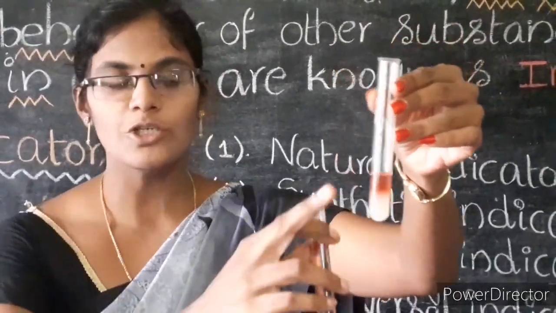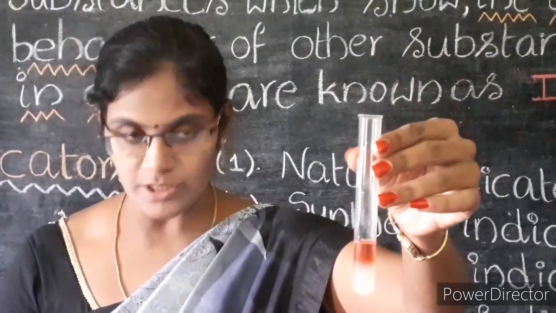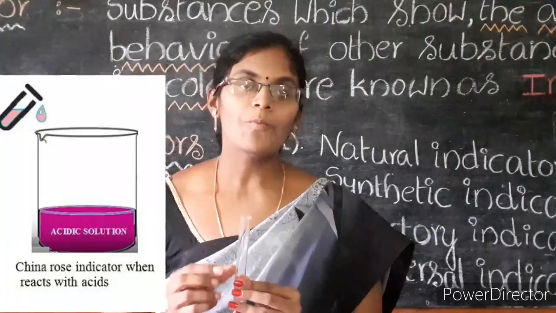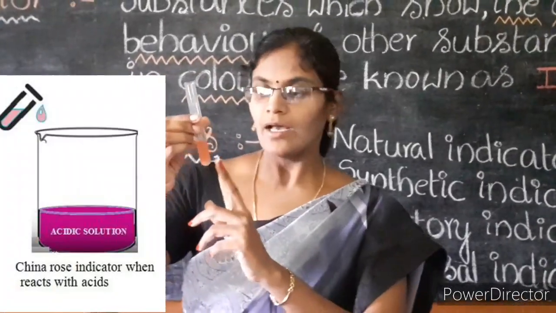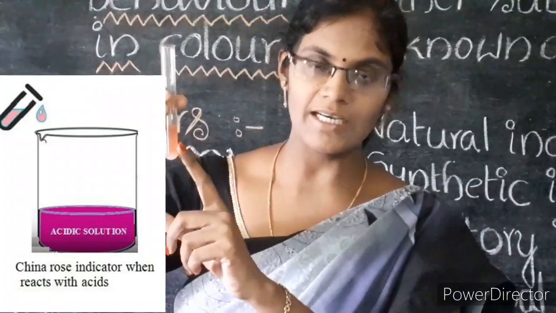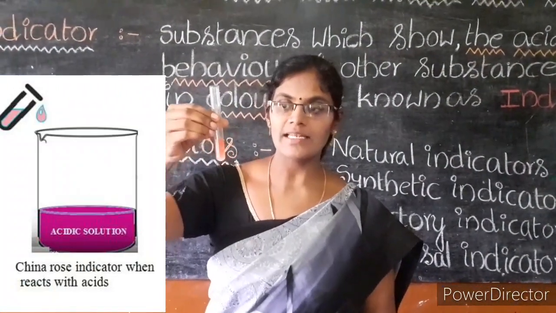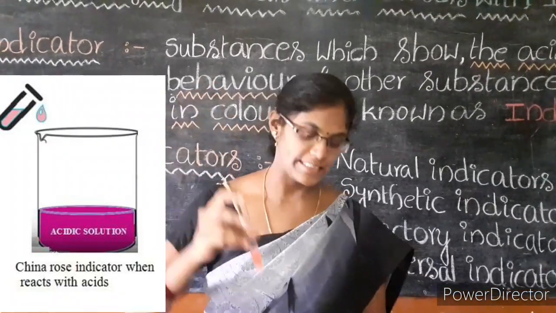Yes, the solution turns into light pinkish color. So by this what did we understand, children? If the solution of the China rose turns into pinkish color, then the substance is acidic.